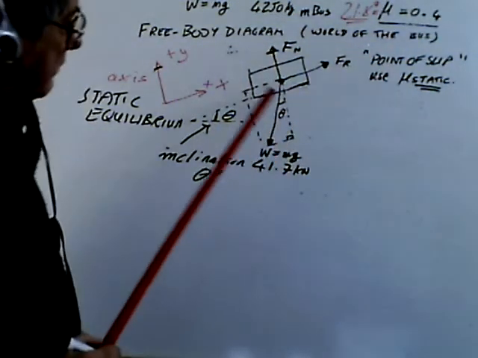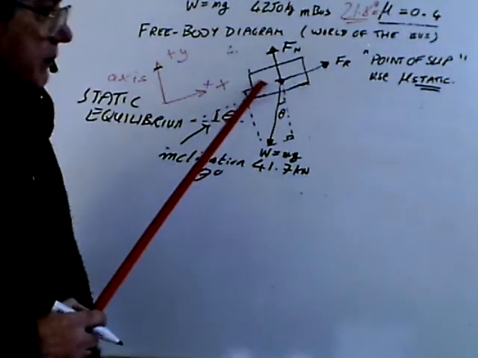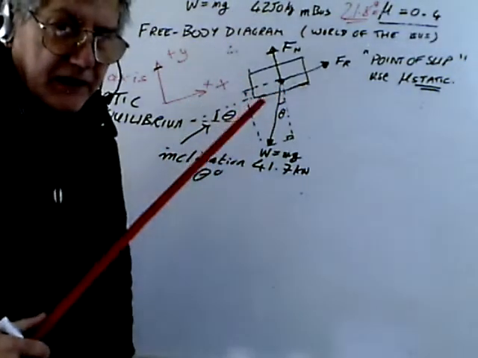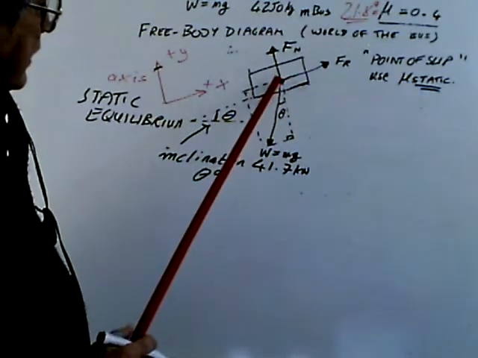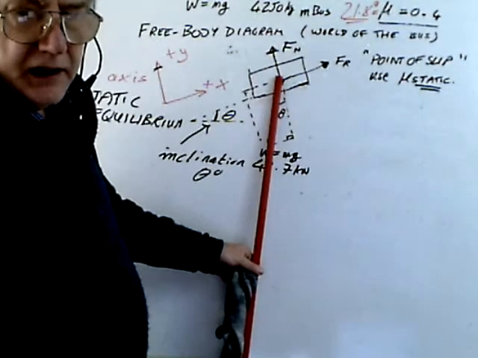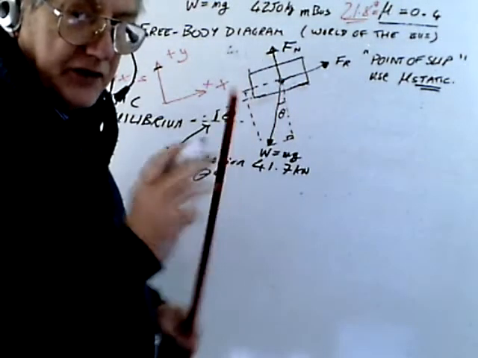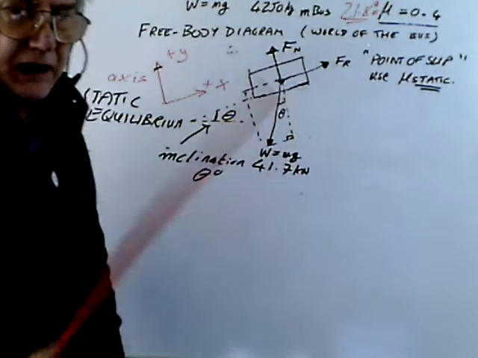From a mechanical point of view, it may as well be a big hunk of concrete sitting in the road. The weight of the bus is acting straight down, towards the centre of the Earth, and that hasn't changed. The weight is still 41.7 kilonewtons, mg.